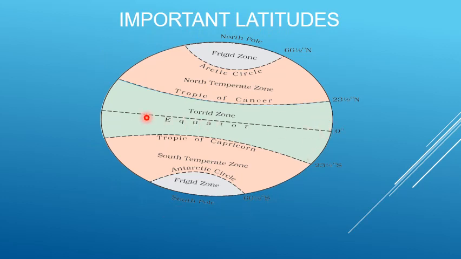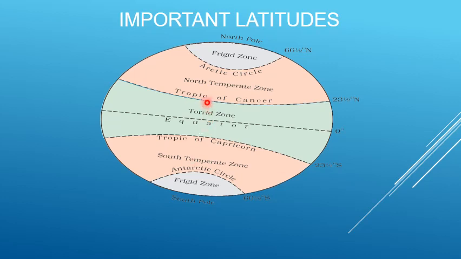From the equator, that is 0 degree latitude, there is a torrid zone towards the north up to the Tropic of Cancer, 23.5 degrees north, and in the south up to the Tropic of Capricorn, that is 23.5 degrees south.